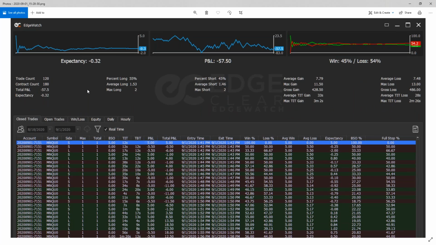This was maybe Tuesday or Monday, I don't remember. 120 trades, 4 phases of 30 each. So I took 30 samples of each phase, and this is what it did. It went long 55% of the time, short 45% of the time, and the aggregate, this doesn't tell us much about the different phases. The aggregate, we get these results.